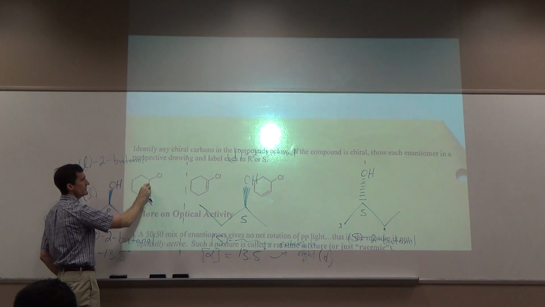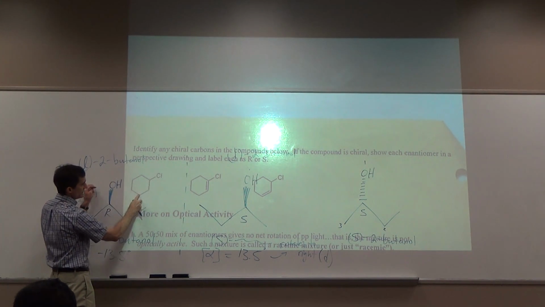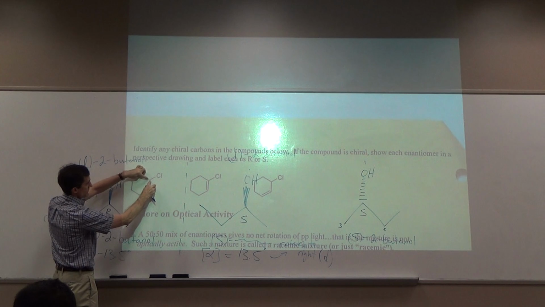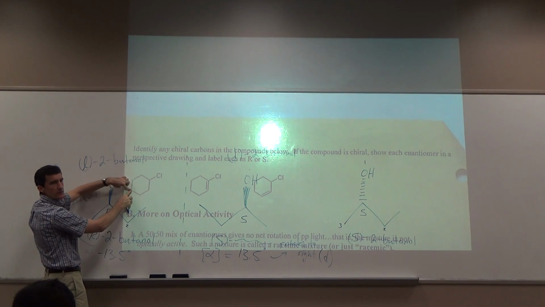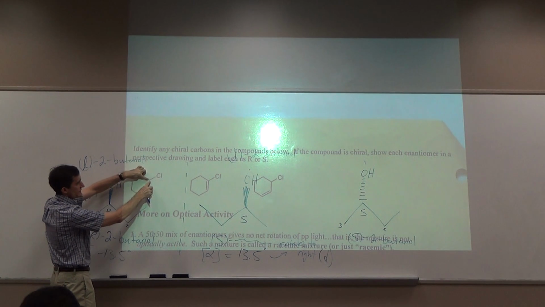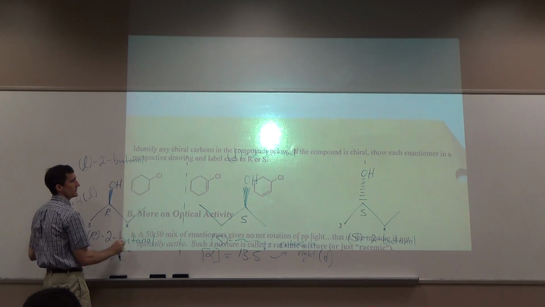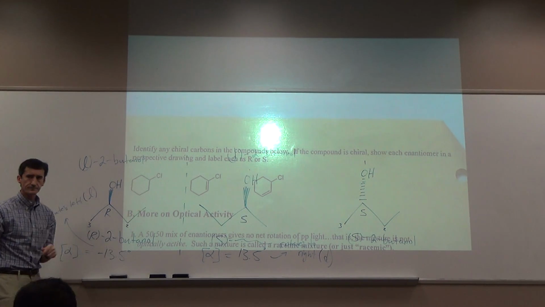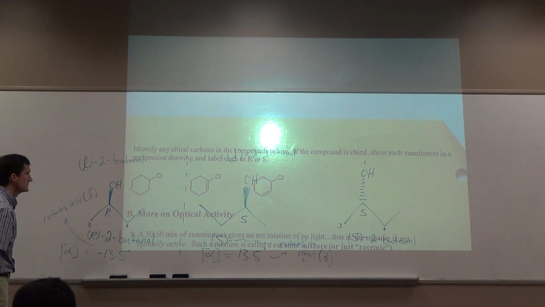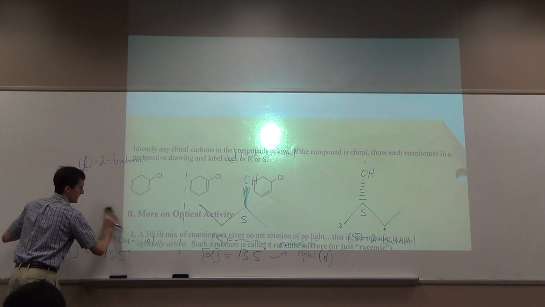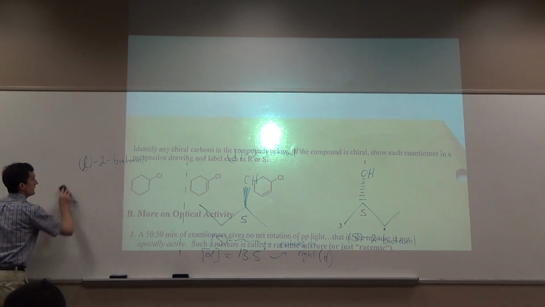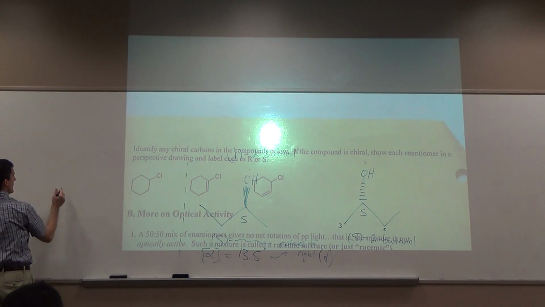No, it has a chlorine, an H. This and this is the same, because if you come this pathway, it's the same all the way around until you meet, and there's no difference. So this is like the same constituent coming off of that carbon. There's no chiral carbon here. No chiral carbon.